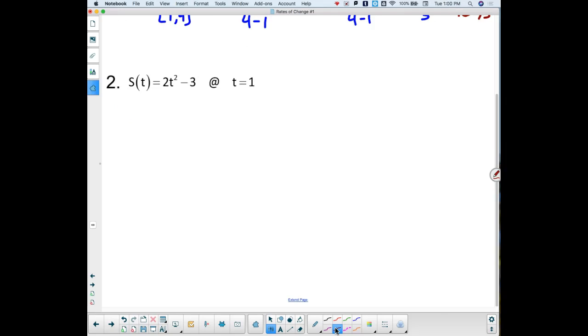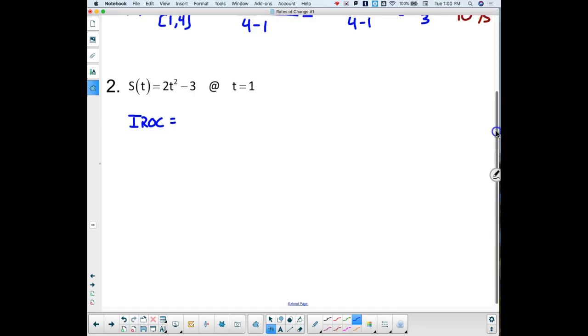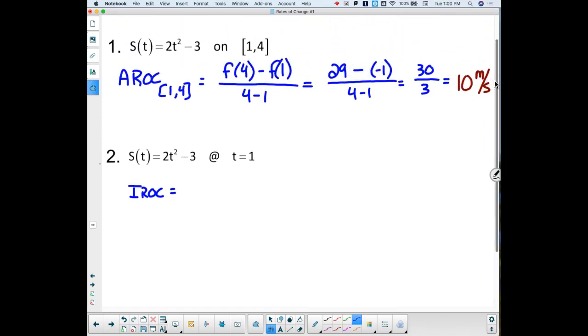IROC of S at t equals 1. So that's going to be s of t. Probably should go up and change that on the other ones too right away, since we were talking with S here.